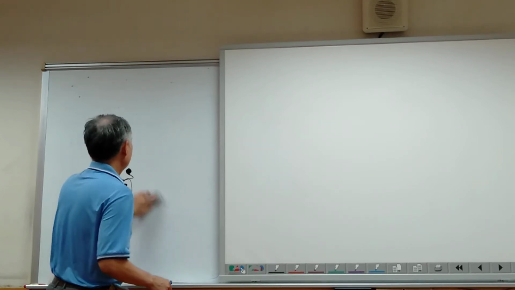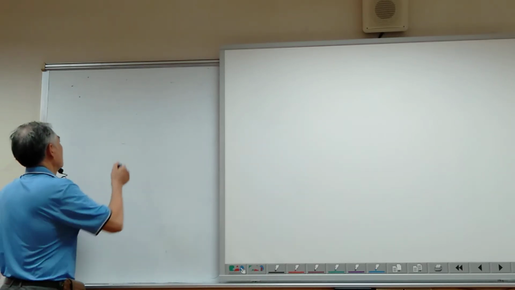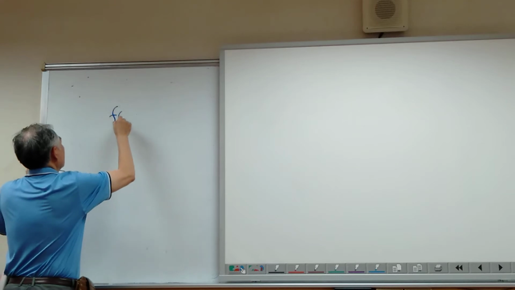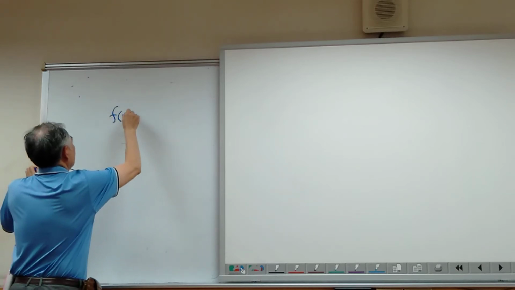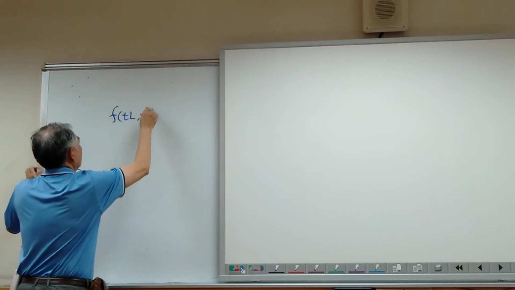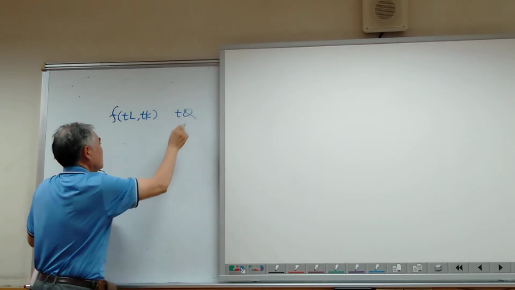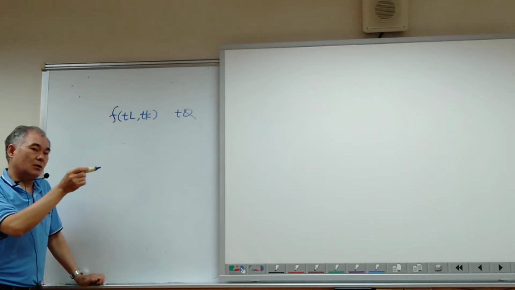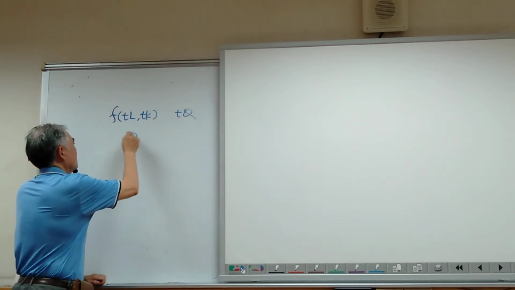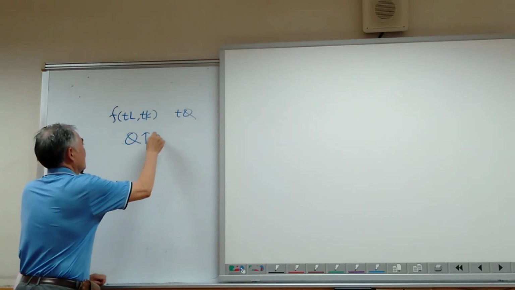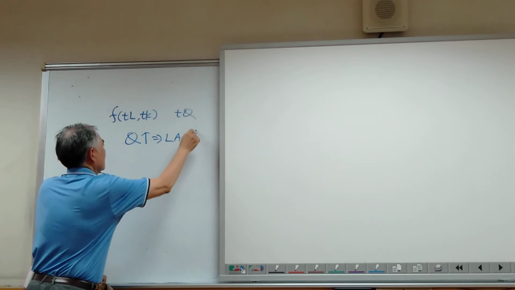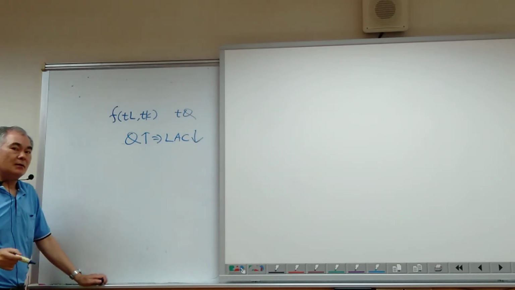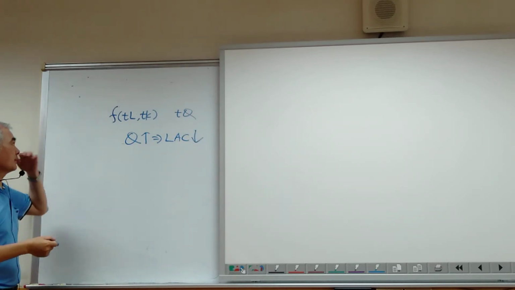So there are two concepts. One is returns to scale, f(tL, tK) versus tQ, and the other is economies of scale: Q goes up, LAC goes down, right?